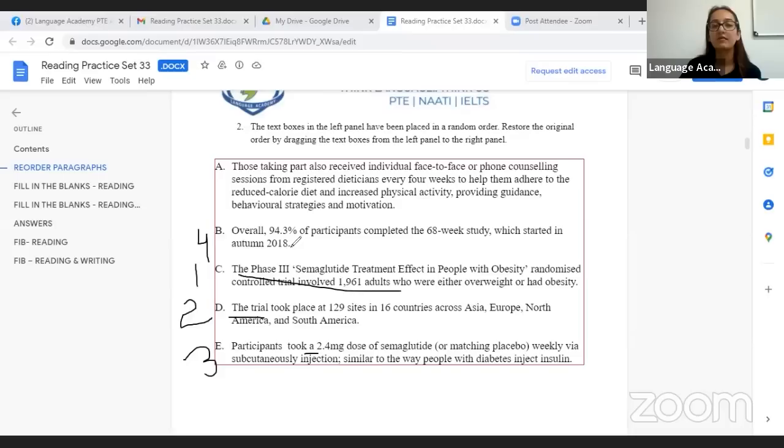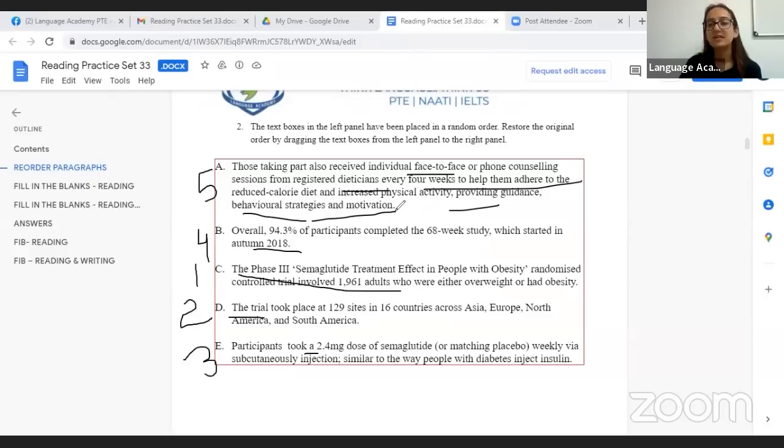Overall, 94.3% of participants completed the 68-week study, which started in autumn 2018, because this is the study going on. And then we had one sentence which literally wasn't matching anywhere. So I put it at the end, and yes, it is in the end only. Those taking part also received individual face-to-face counseling, and every 4 weeks they were given guidance and strategies and motivation, because it does not fit anywhere else.